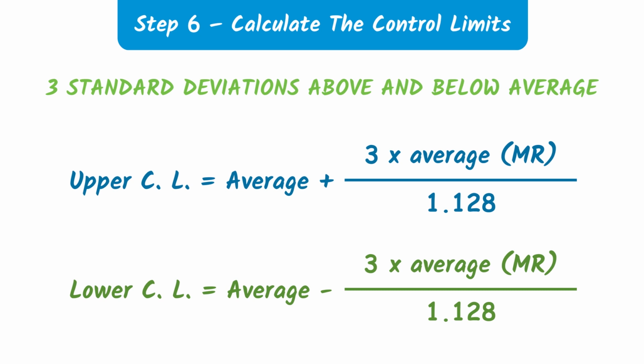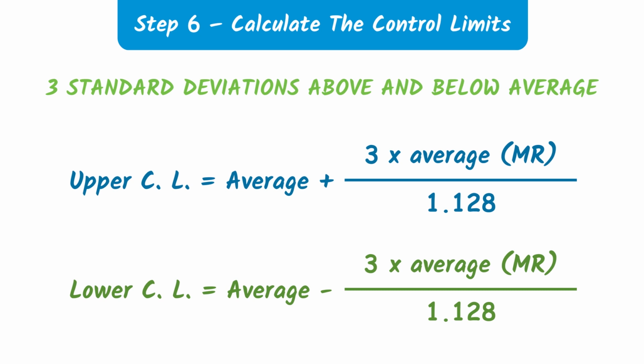Here we have average. We calculated average in step number 2, the average for the data set. Next one is moving range average. We calculated moving ranges in step number 3, and then we calculated moving range average in step number 4. Now you are going to ask me, what's the deal with this 1.128? What does that mean?